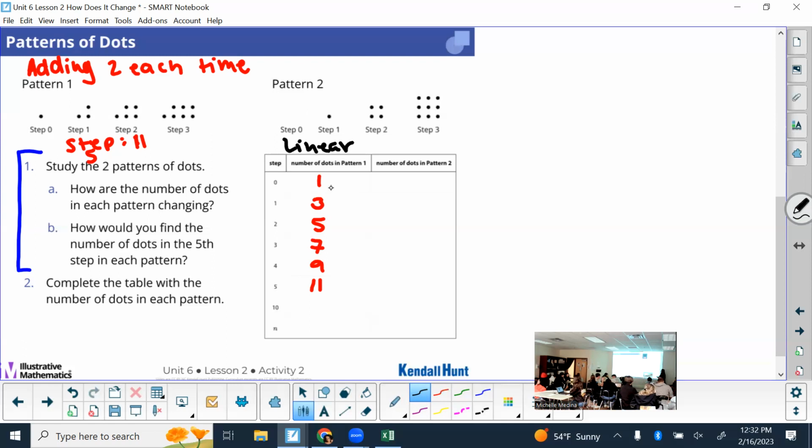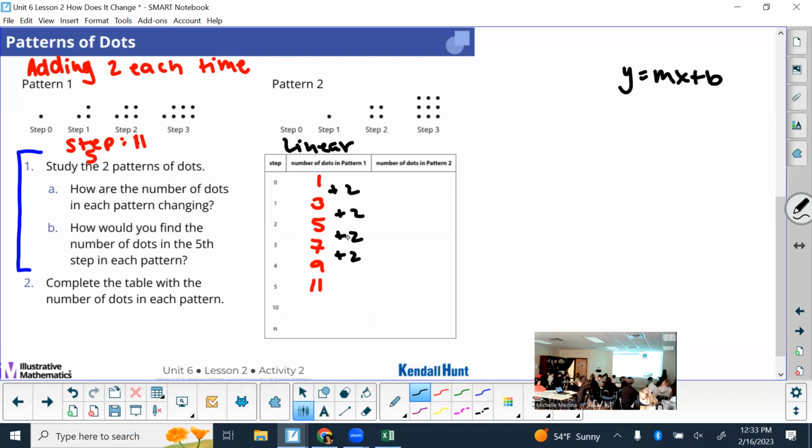When we add the same amount each time, that is a linear pattern. So what will the equation look like for our linear pattern? Will it look like a straight line? What would the equation look like for any linear pattern?